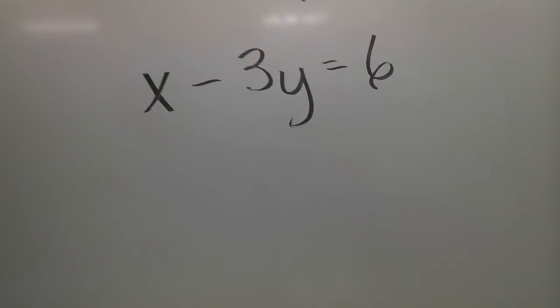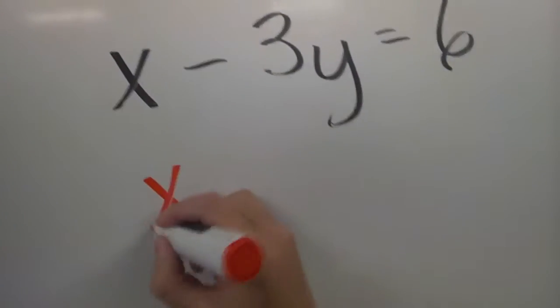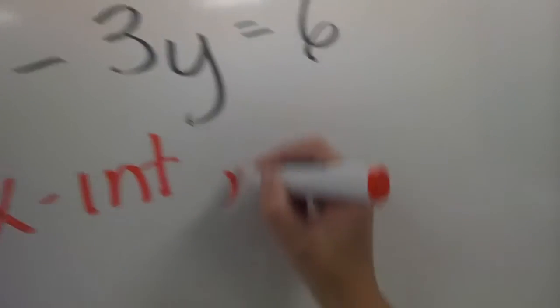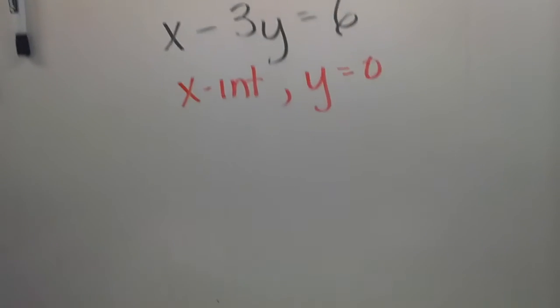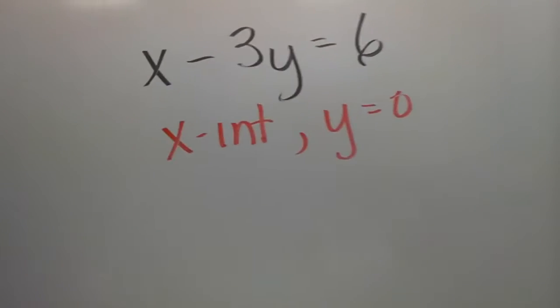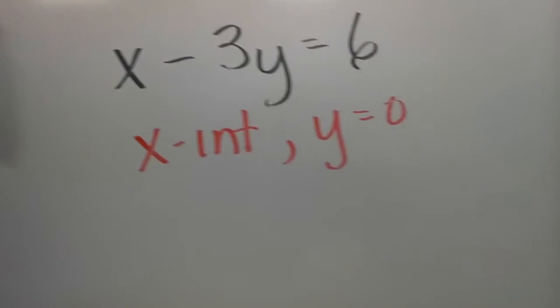So if we are finding the x-intercept, then y equals 0. So we go back to the original equation and we substitute 0 for y.